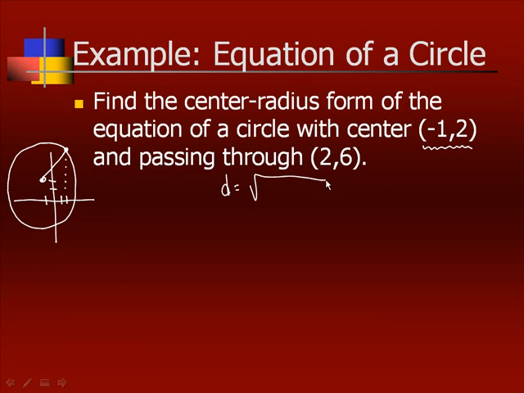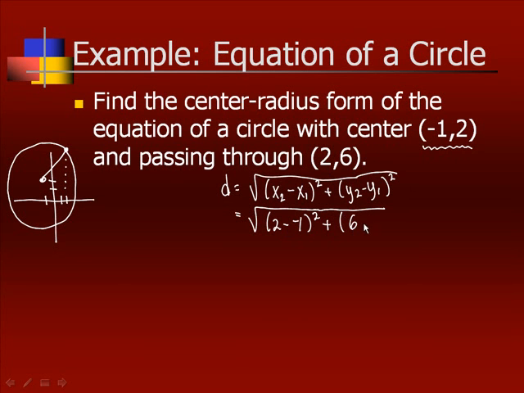So the first thing we're going to do is use our distance formula, which if you'll remember is the square root of (x2 minus x1) squared plus (y2 minus y1) squared. So if we plug those points in, we get the square root of (2 minus negative 1) squared plus (6 minus 2) squared, which gives us 2 plus 1, which is 3, and 6 minus 2 is 4.